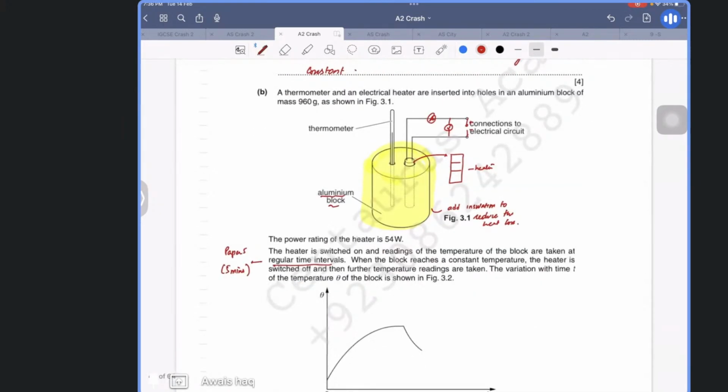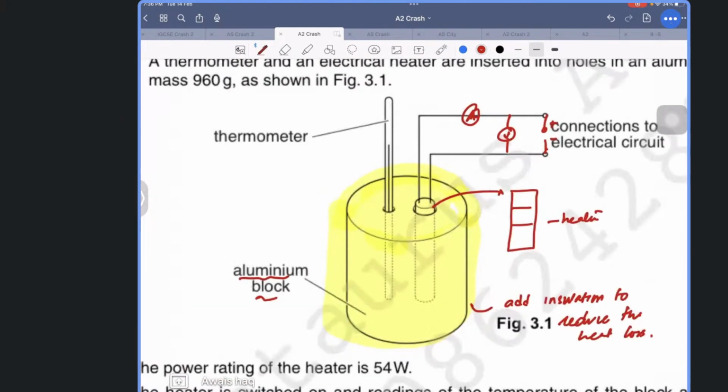The reason is that there was no insulation, so if the heater is providing heat to the block, but then the same amount of heat is being lost to the surroundings, then obviously it would reach a sort of equilibrium, right? Where now whatever heat you're getting, that's also escaping, which means now the temperature would not increase. Do you guys understand?